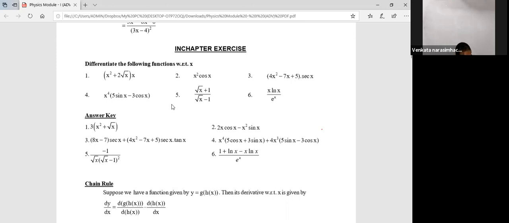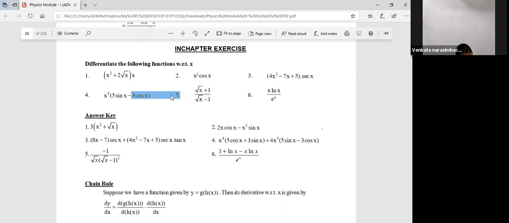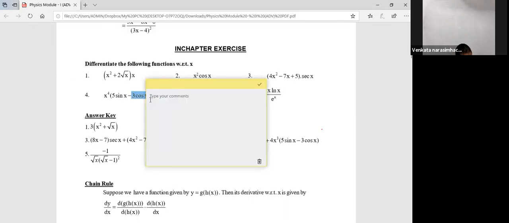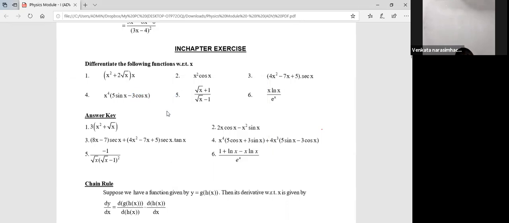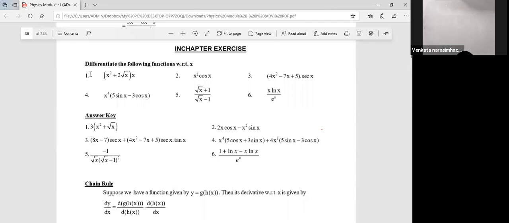First and the fifth. So in the fifth one, is the denominator root x minus 1 or plus 1? Root x minus 1.